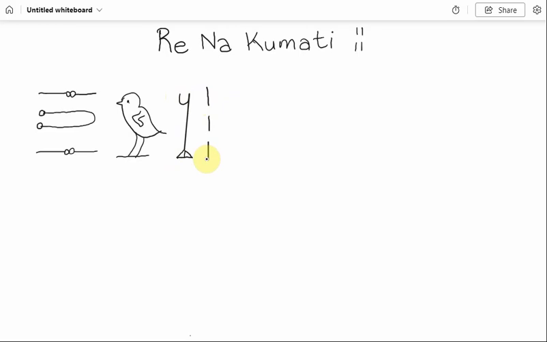Okay, and this word here is, say, this is the first part. Then ch. Then the last two glyphs, these two.